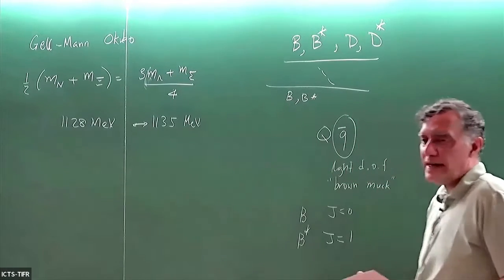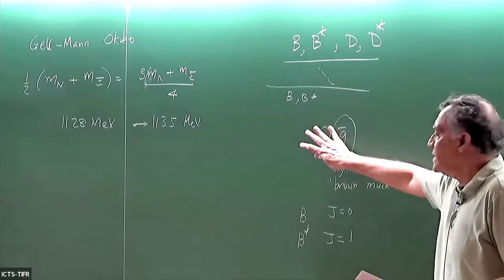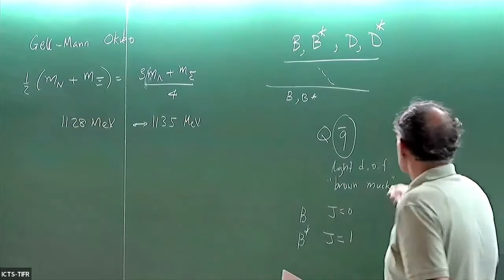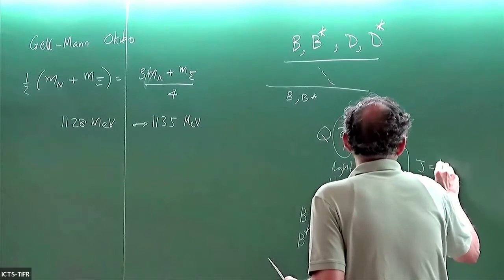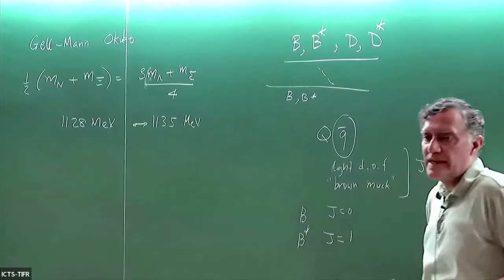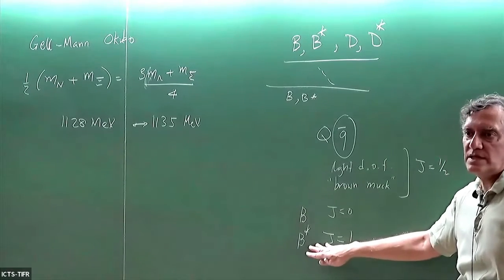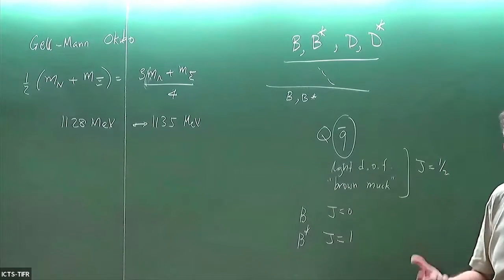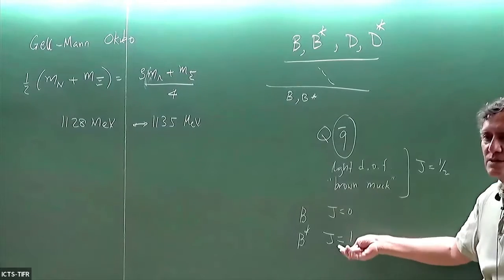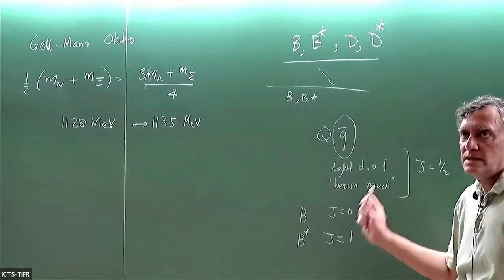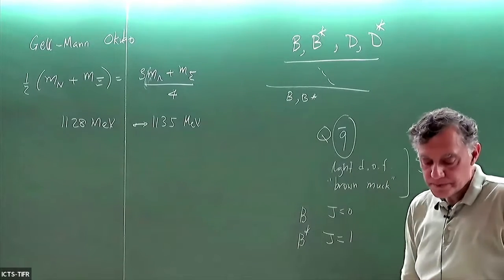If you take a heavy quark and a light quark, where the light degrees of freedom are spin 1/2 and the heavy quark is spin 1/2, you can combine them to form a spin 0 or a spin 1 state, which are the B and the B star. And if you flip the heavy quark spin, you can convert one into the other. So they form a single multiplet of heavy quark symmetry.